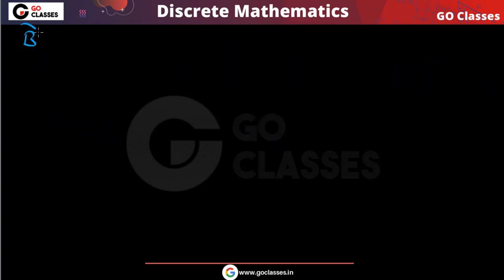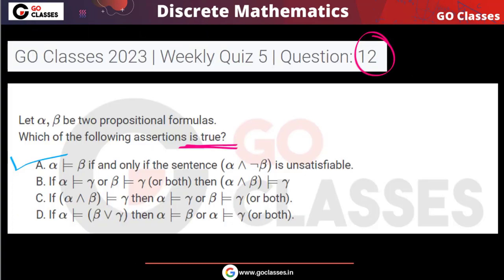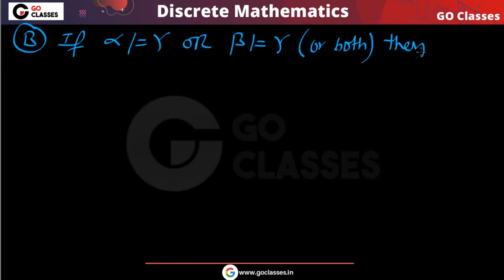The option says that if alpha infers gamma or beta infers gamma or both, then alpha and beta infers gamma. So let's check whether this is true or not. Alpha infers gamma means that alpha implies gamma is a tautology.